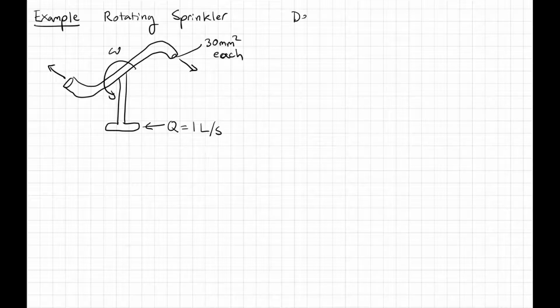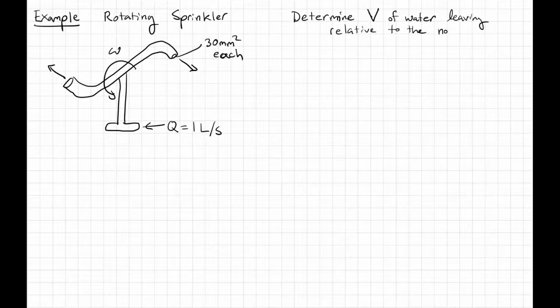Let's suppose that the head rotates at angular frequency omega, and that it's fed from the bottom through an inlet that has a total flow rate of 1 liter per second. There are two sprinkler heads that are symmetrically opposed to one another, that each have a specified outlet area of 30 millimeters squared.